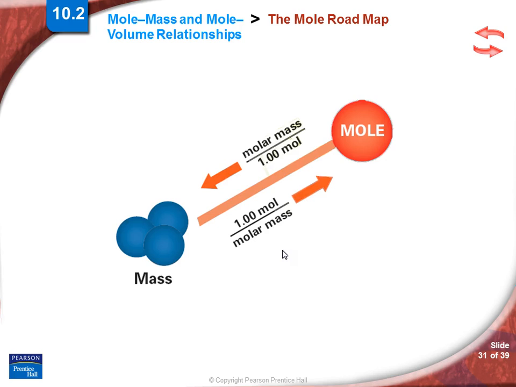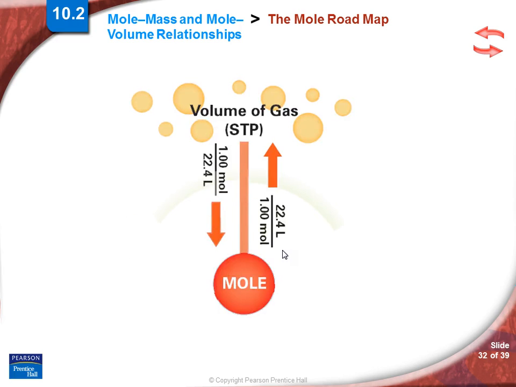So mole to mass, we talked about that. That's what I have here. Right, mole to mass. So you do a conversion. Now we can also go from moles to volume of gas. What was that conversion?